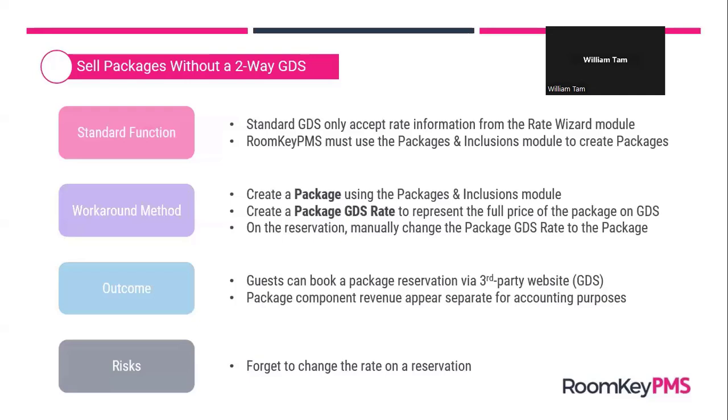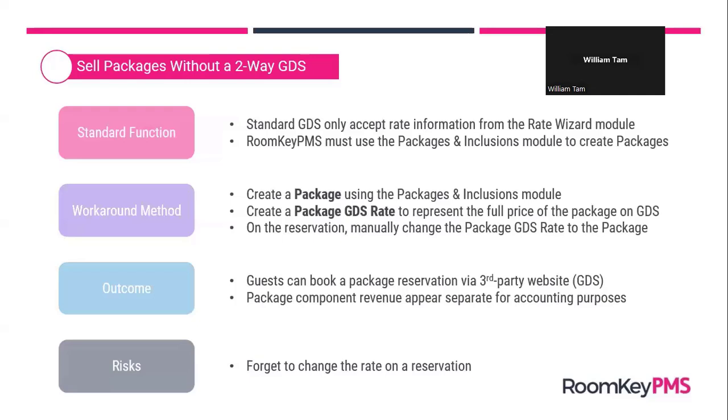We would actually use the package GDS rate to connect to the rate on your GDS provider, your third party, whether that be Expedia, maybe if you're using a channel manager like SiteMinder, or if you're using a standard GDS with Synexis or TravelClick iHotelier.